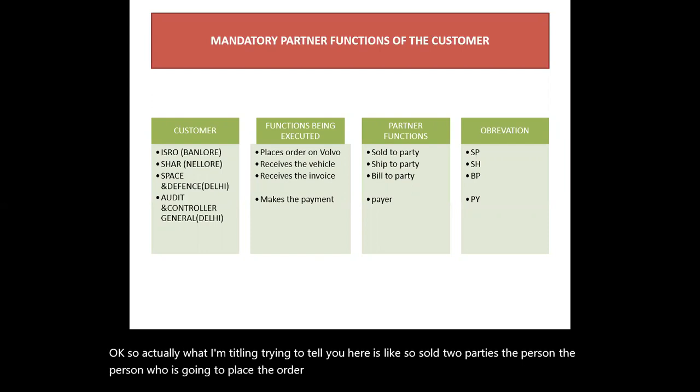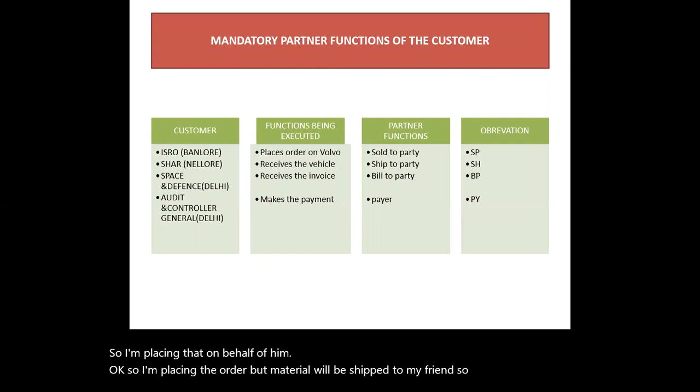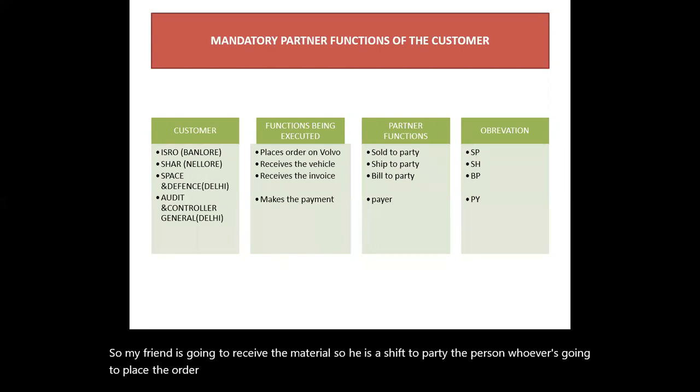Say I want to send a phone to my friend, who asked me to order it. I'm placing the order on behalf of him, but the material will be shipped to my friend. So I'll be the sold to party, and my friend, who is going to receive the material, is the shipped to party.